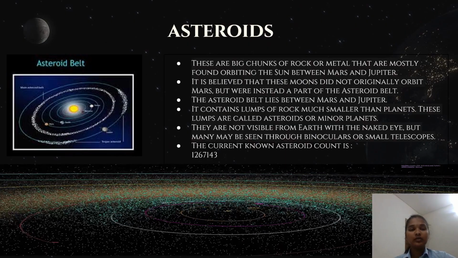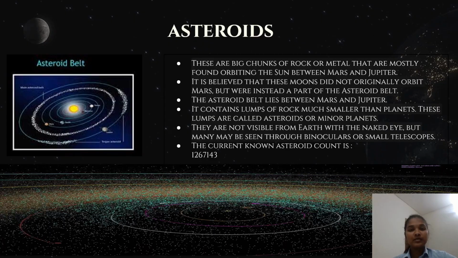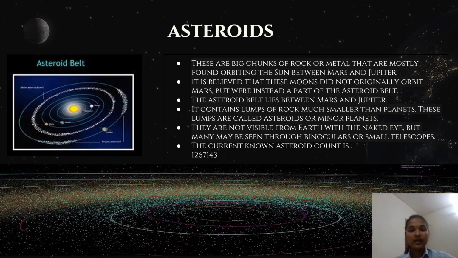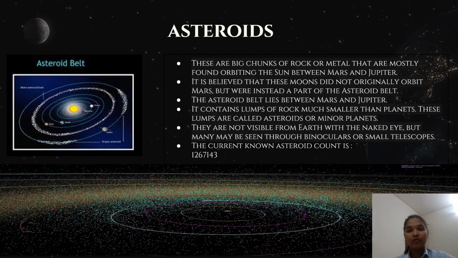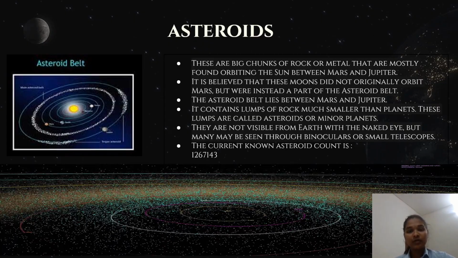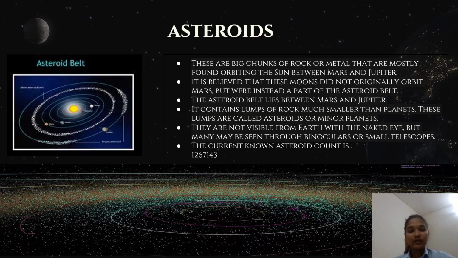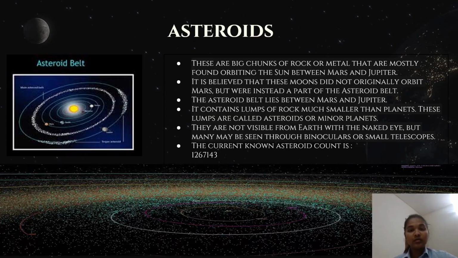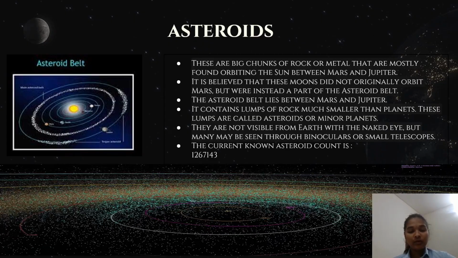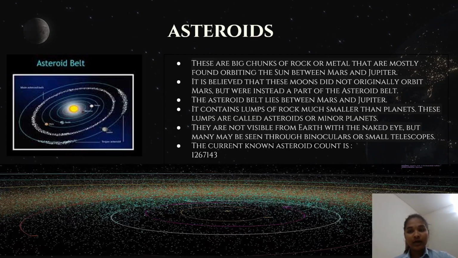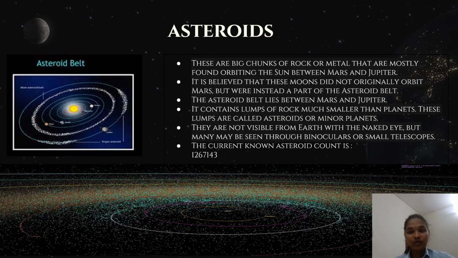Then we will introduce the space rocks. First one is asteroid. These are the big chunks of rocks of metal that are mostly found orbiting the Sun between Mars and Jupiter. You can see here, midway between the Sun, Mars and Jupiter.